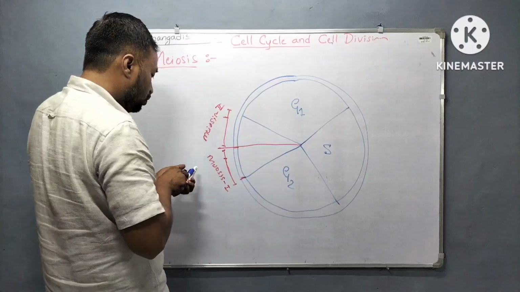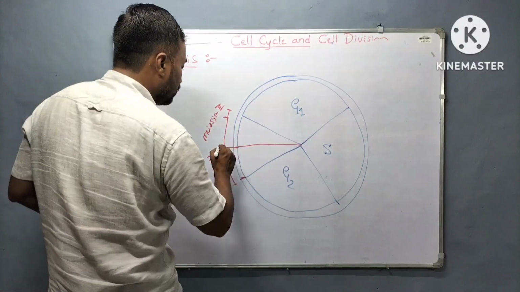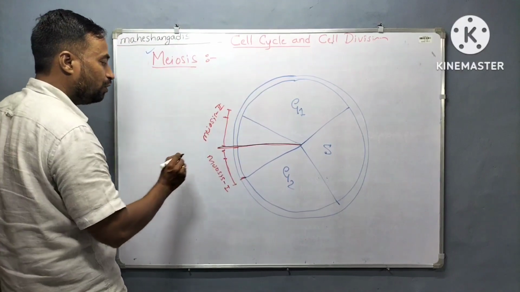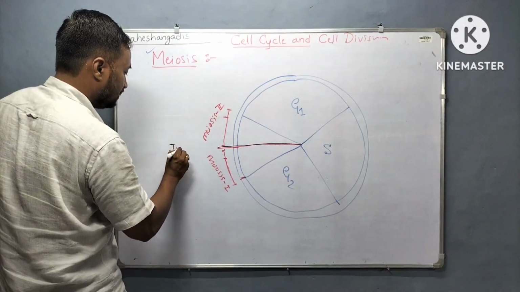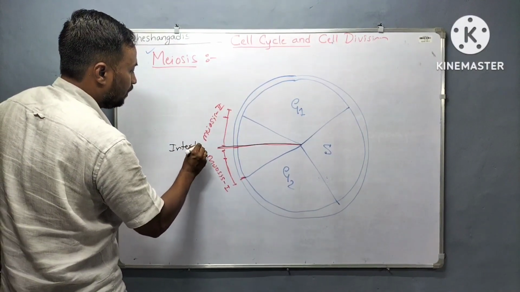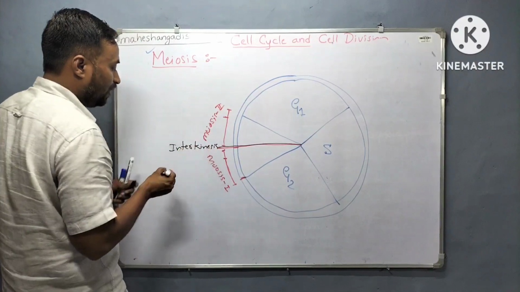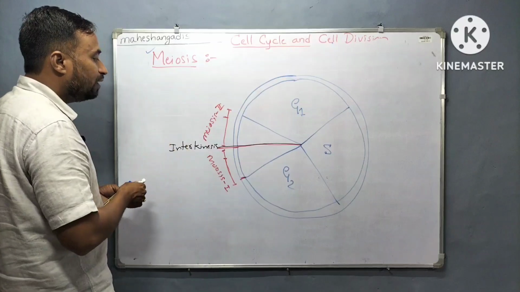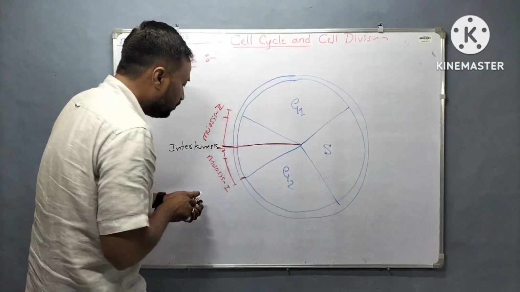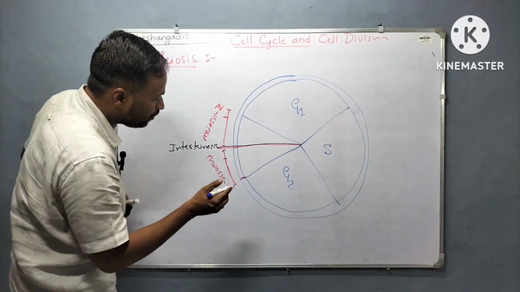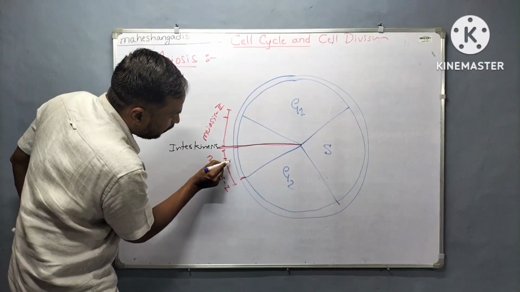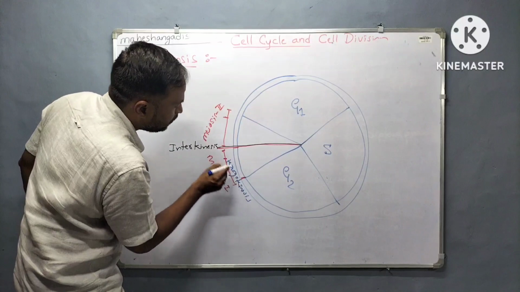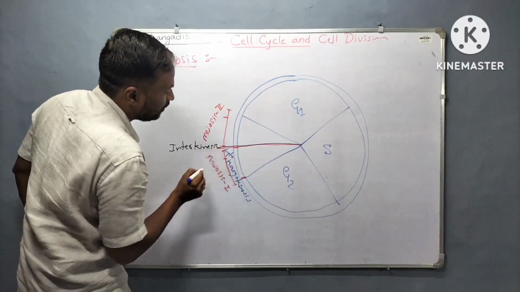In between these two, there is a small phase of very short duration called interkinesis. In between meiosis 1 and meiosis 2, there is a phase called interkinesis. And in meiosis 1, there is karyokinesis as well as cytokinesis.